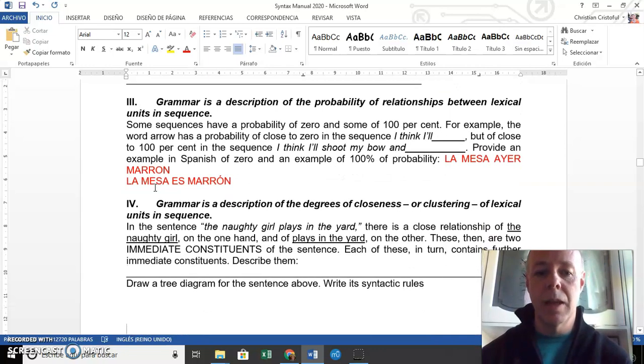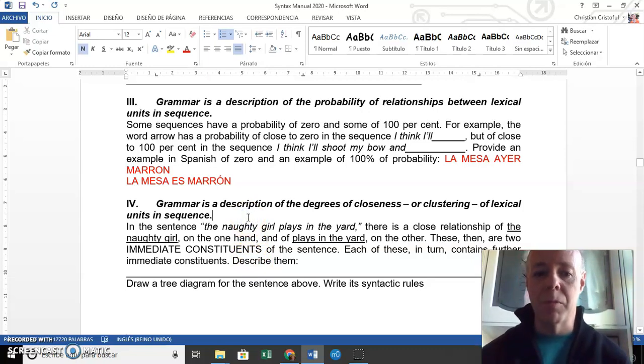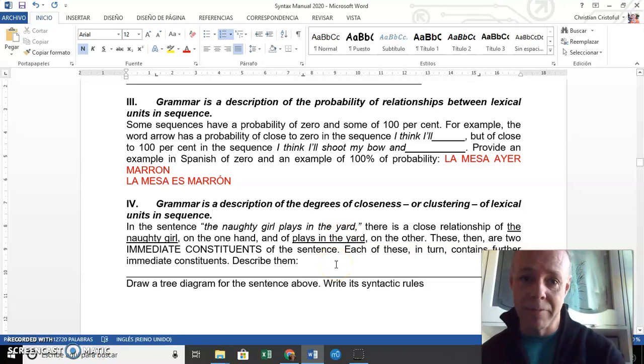Let's continue. Number 4. Grammar is a description of the probability of degrees of closeness or clustering of lexical units in sequence. What does that mean? It means that we group words together. For example, in the sentence the naughty girl plays in the yard, we group the words into 2 main groups, subject and predicate, or noun phrase and verb phrase.